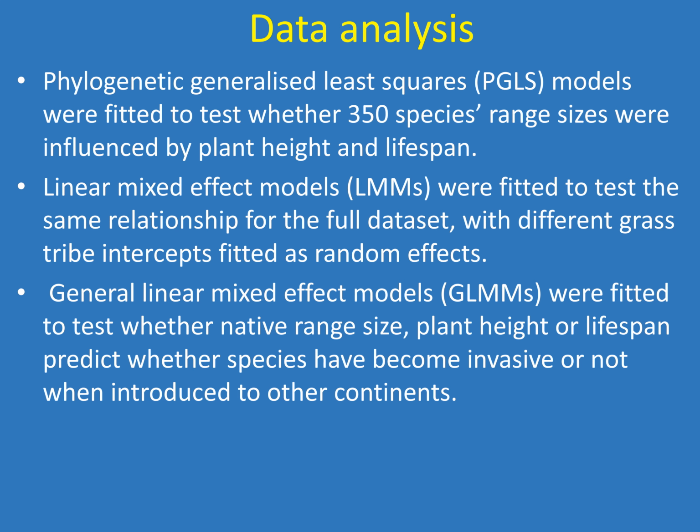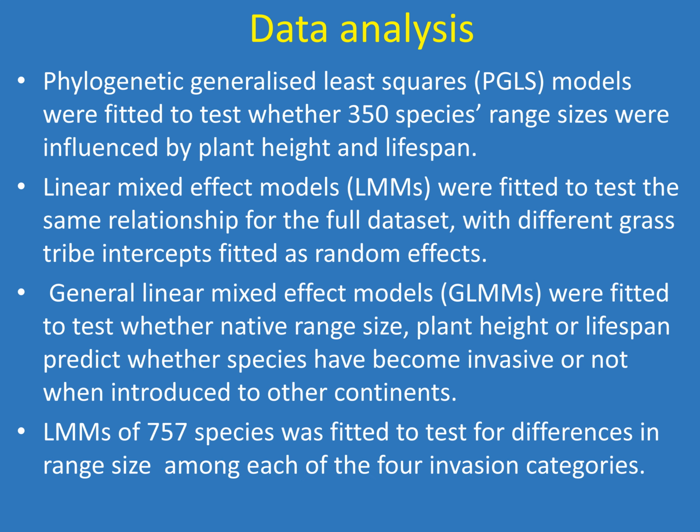Generalized linear mixed effect models were fitted to test whether native range size, plant height, and lifespan predict whether the species has become invasive or not when introduced to other continents. Again, linear mixed effect models of 757 species were fitted to test for differences in range size among each of the 4 invasion categories.